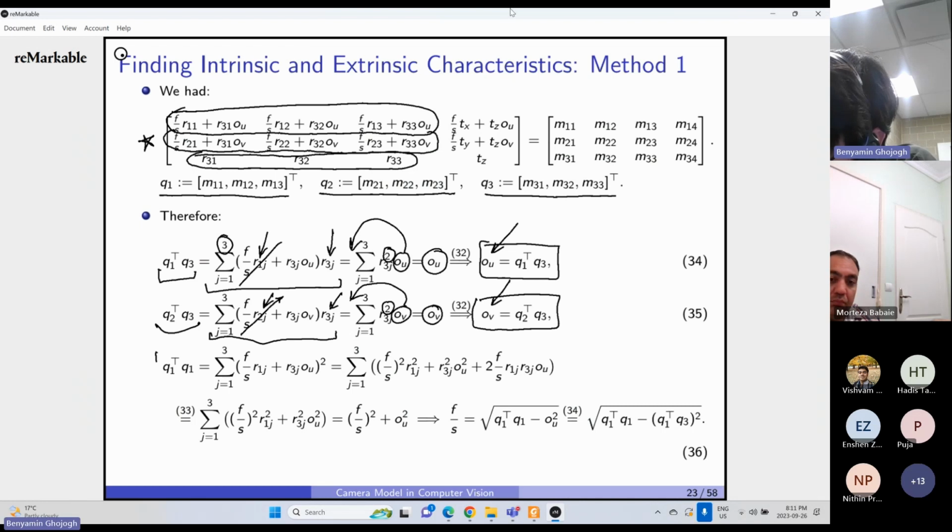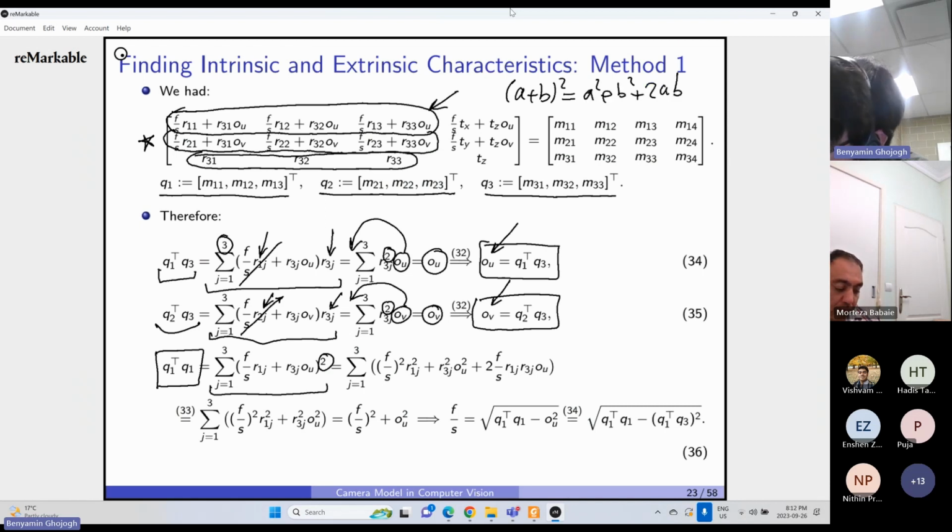Okay, now let's find the other one. So Q1 transpose Q1. This vector's inner product by itself. So you will have this to the power of 2, or these elements to the power of 2, summation. Then what do I do here? Here I use the binomial theorem: (a plus b) squared is a squared plus b squared plus 2ab, right? If I do that, the first element squared plus the second element squared plus 2 times the first times the second one.